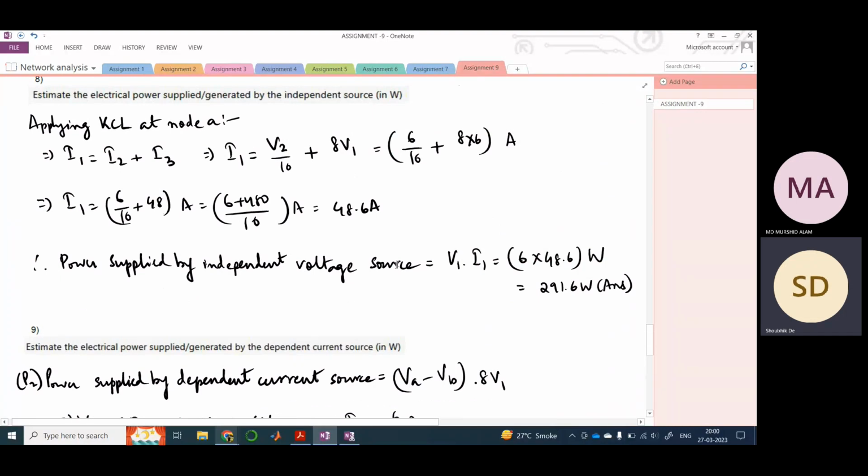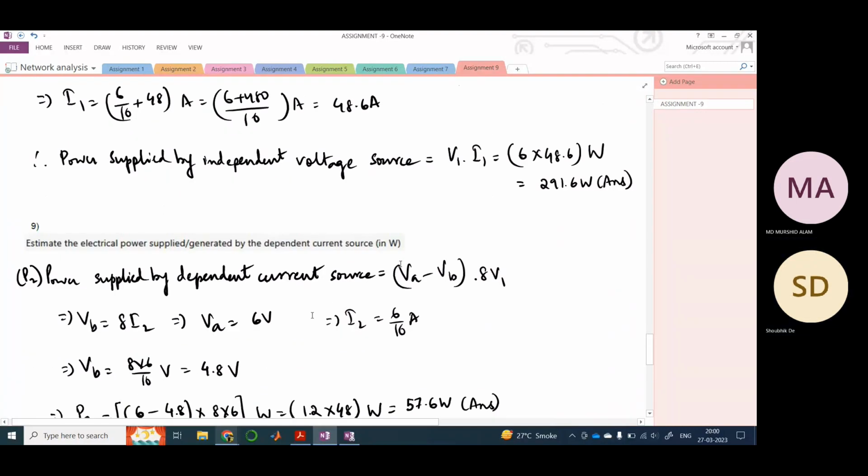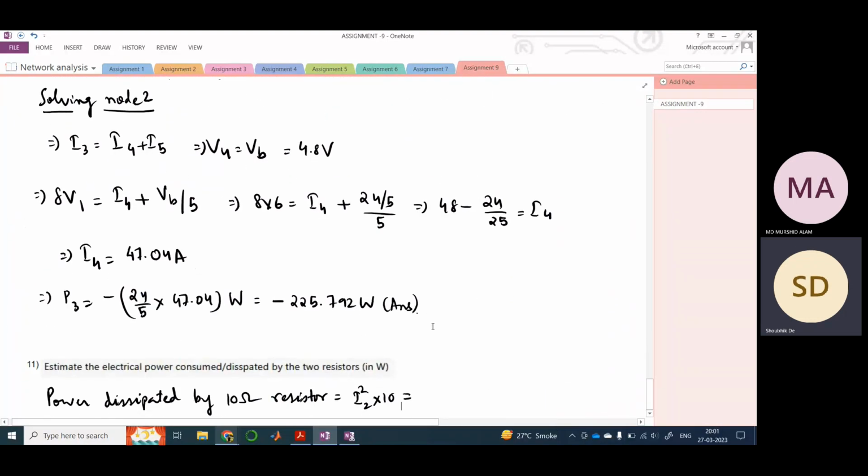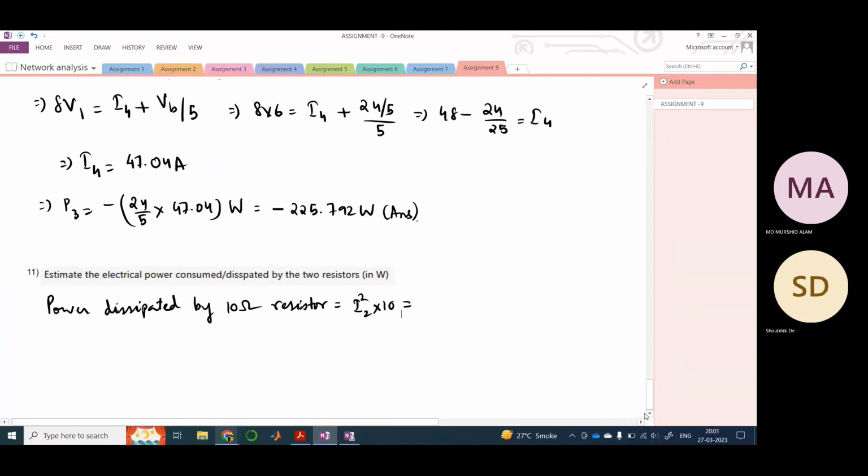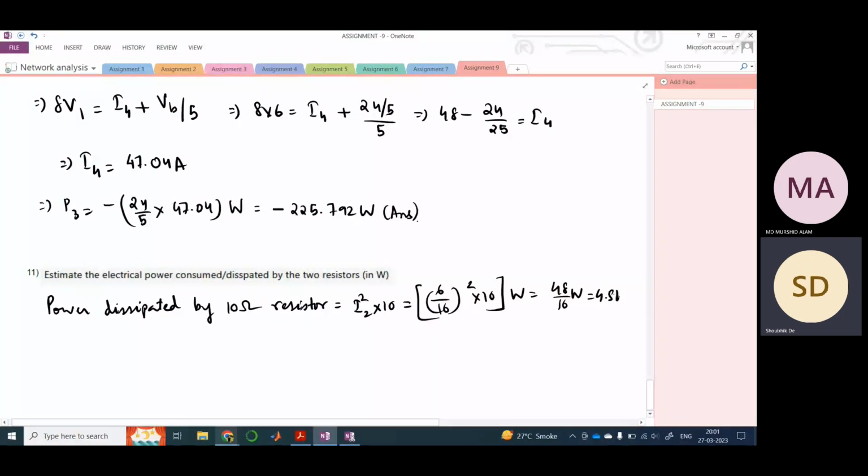So it was how much? Yeah, it's 6 by 10, right? So this would be 6 by 10 square into 10. So this would be what? 48 by 100 into 10 is 48 by 10 watts, so 4.8 watts.